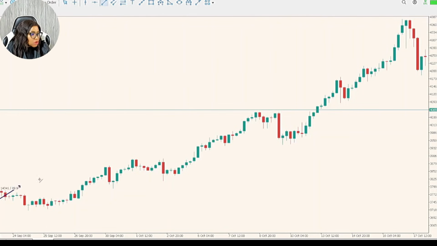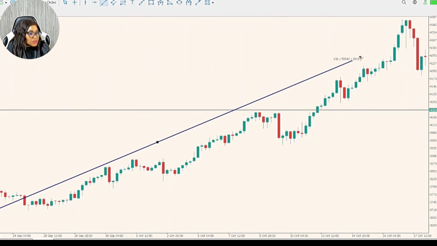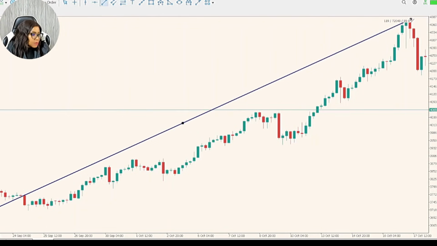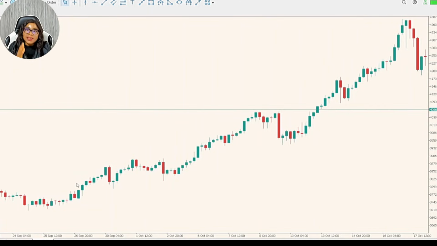You can see where the price is coming from and see how the price continues to move all the way up. Now, apart from the fact that the market is mainly moving to the upside, what helps us to identify that we have an uptrend is that we have higher tops and higher bottoms, or we say higher highs and higher lows.